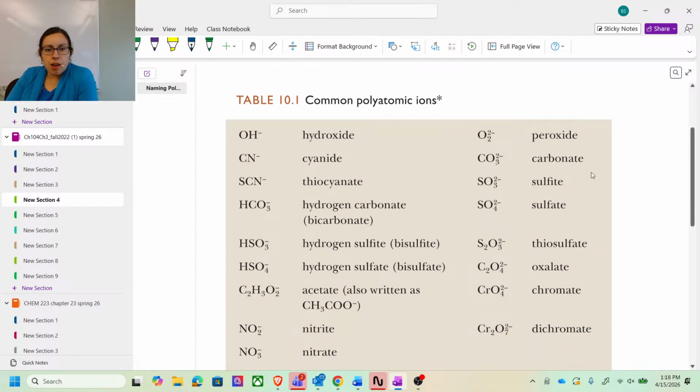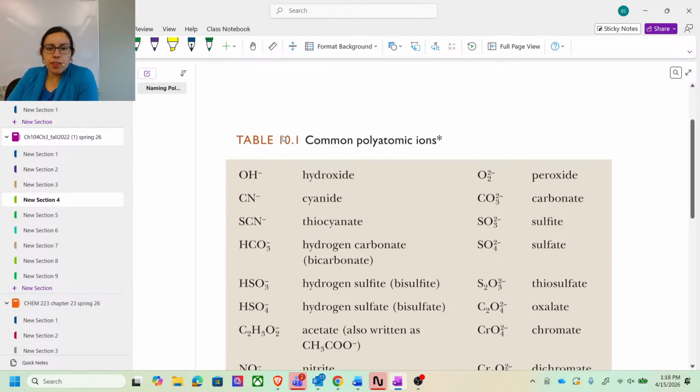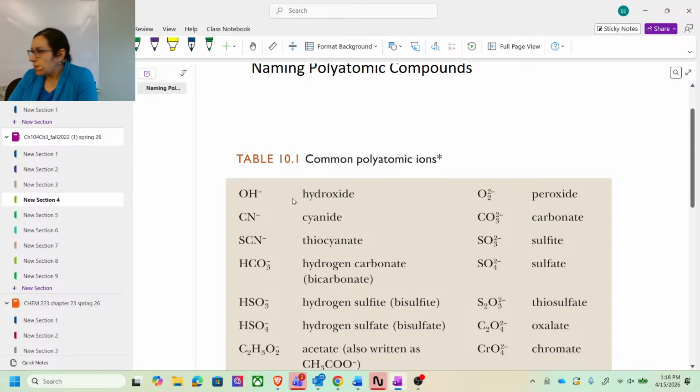Our polyatomics are basically covalently held compounds that have a charge on them. For example, we'll start with something simple like hydroxide. So hydroxide would be like so.